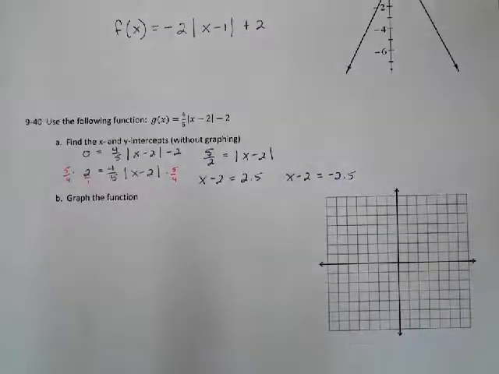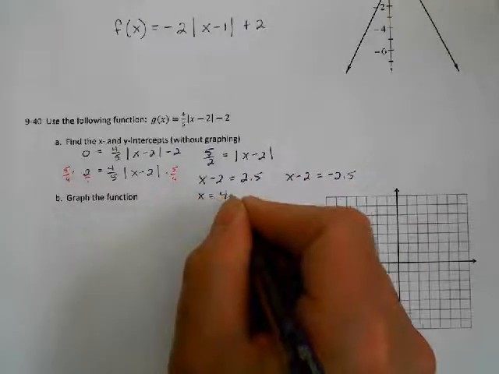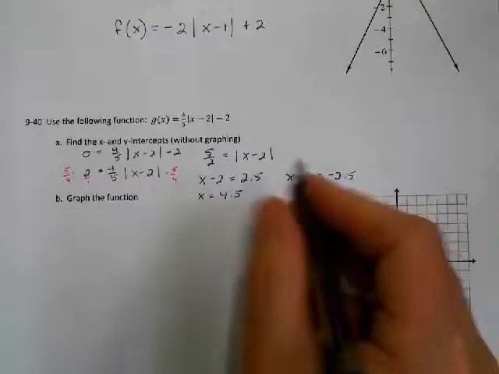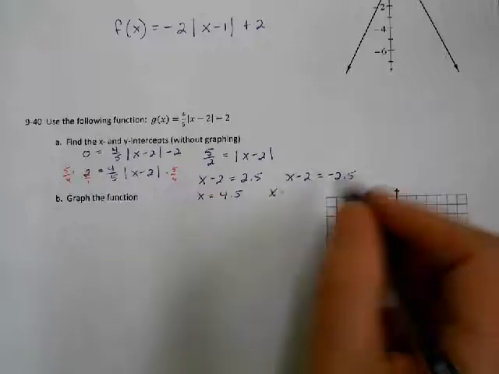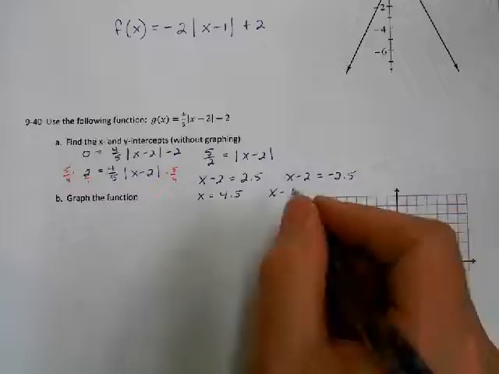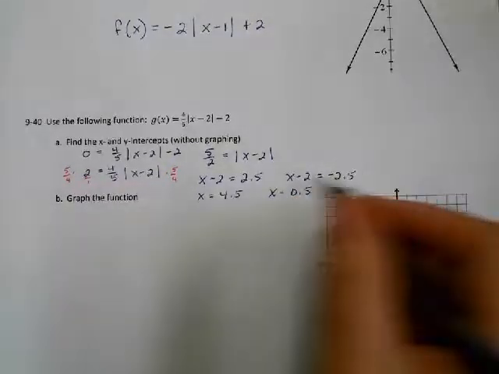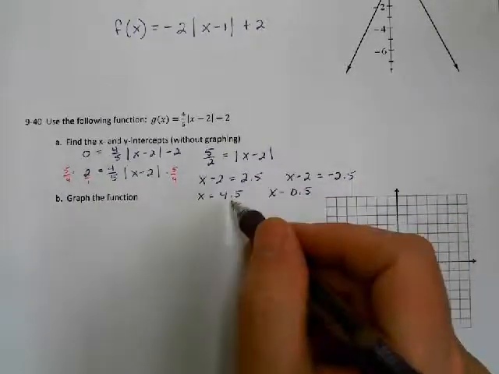So if I add 2 to both sides, I get x equals 4.5. If I add 2 to both sides, I get x is equal to, no, negative 0.5. So I add 2 and I get 4.5. Add 2 to negative 2.5, I get negative 0.5. Those are my two x-intercepts.